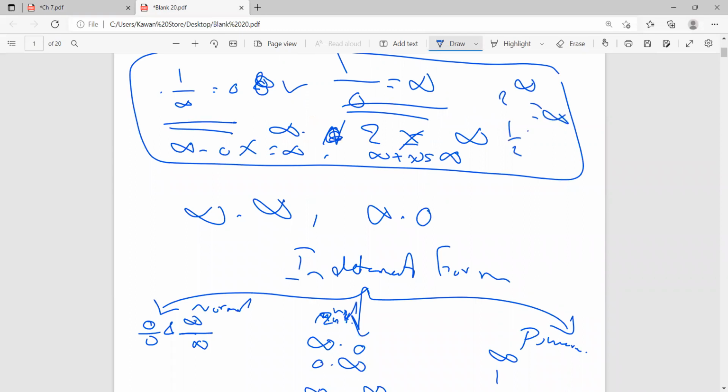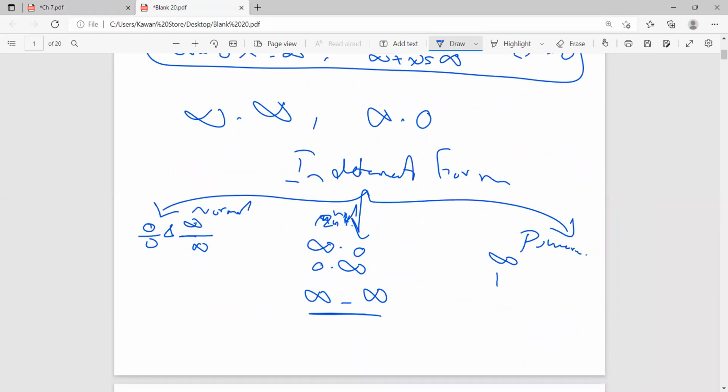Half to the power infinity is equal to 0. But 1 to the power infinity, we don't know. Understood? Good. Which other type of power do we have? 0 to the power infinity, am I right? Or infinity to the power 0. So all these are indeterminate forms.